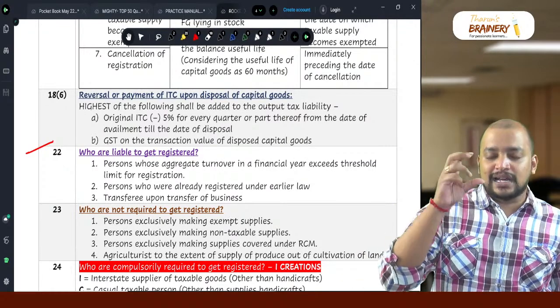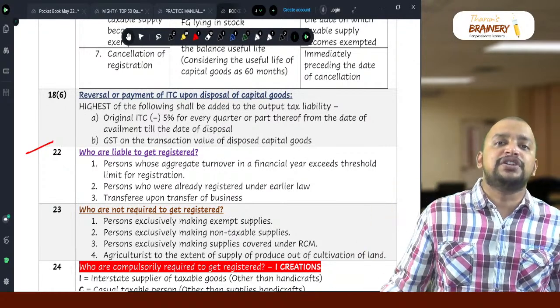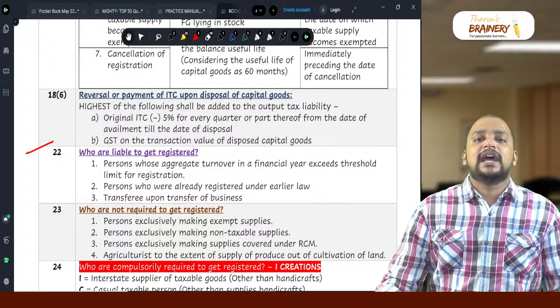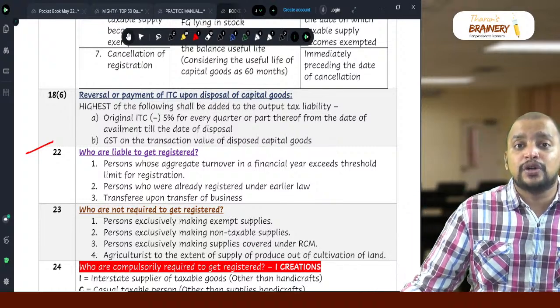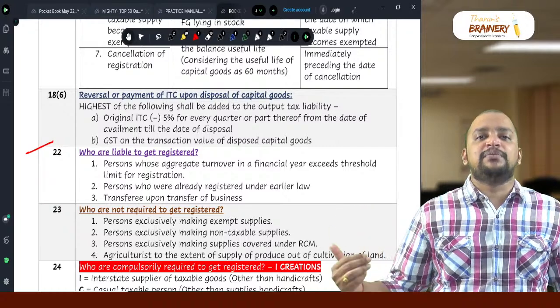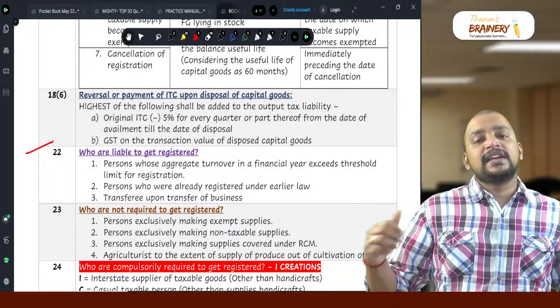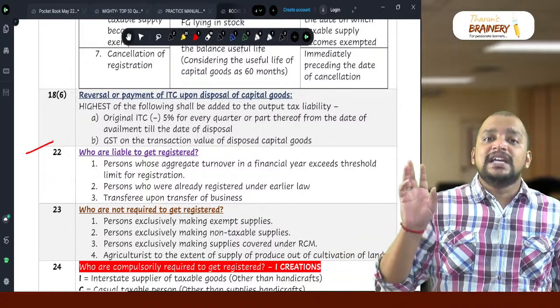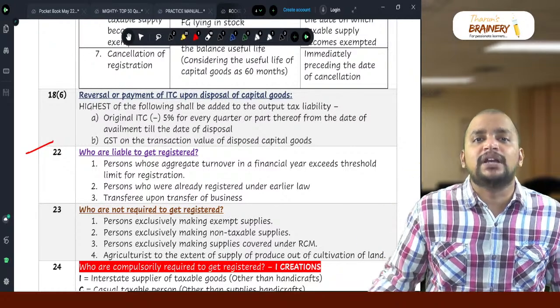If AB Limited gets demerged into A Limited and B Limited, then the ITC will be transferred in the ratio of assets of A Limited and B Limited post demerger. The same applies when a single registration is separated into multiple registrations.